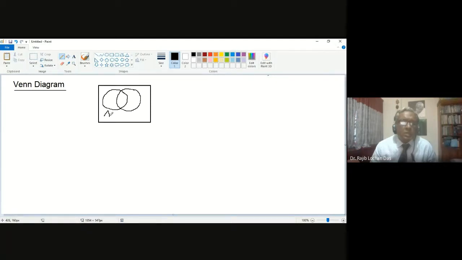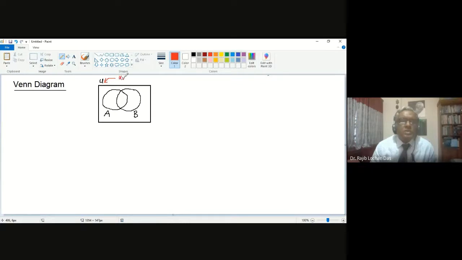Say one circle is A, another circle is B, and the universal set is U, that is the rectangular shape. Every time we use this kind of presentation, and as a whole, it is called the Venn diagram.